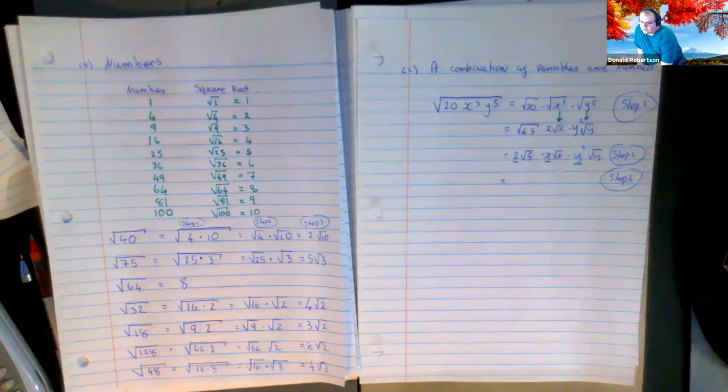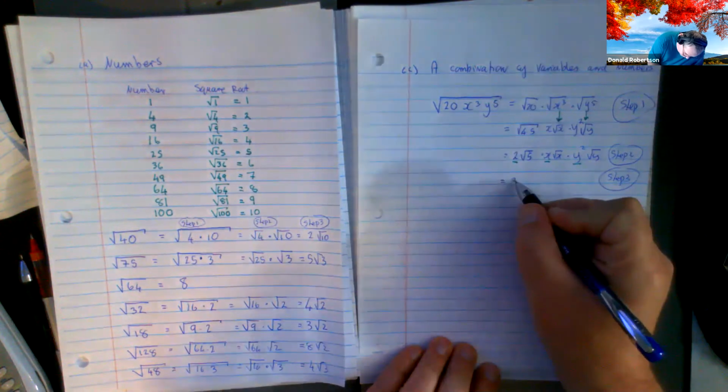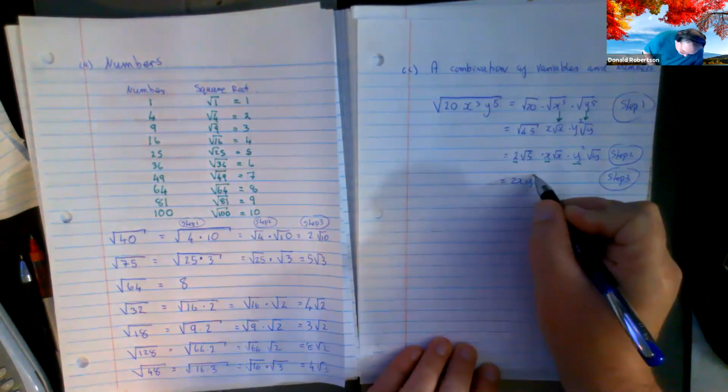We have a 2, we have an x, and we have a y squared, right? They don't have square roots anymore, so we should probably put them together. And if we did, we get 2x y squared.